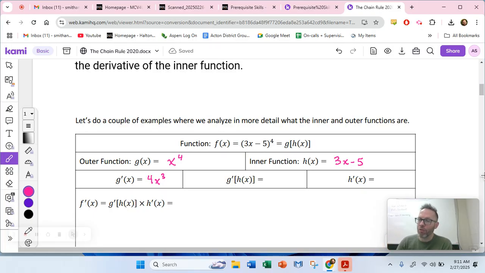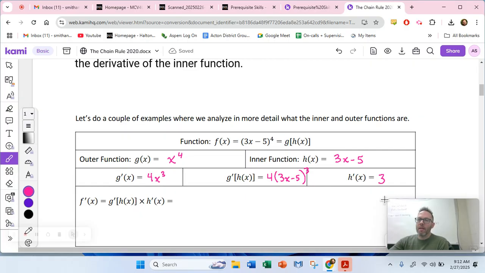So we take the derivative 4x cubed, and where there's an x, we put in the inner function, 3x minus 5, to the power of 3. That's the derivative evaluated at that inner function. And then h prime at x is exactly 3.